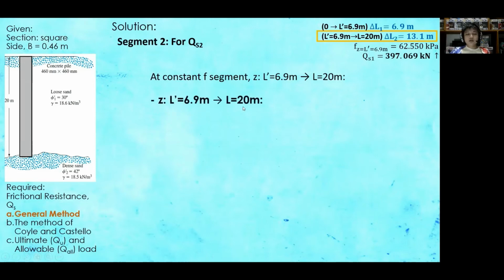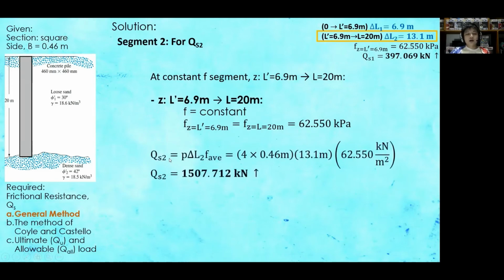For this zone now, again, F is constant with a value of 62.550 kilopascals as presented with our previous slide. So for our segment component QS2, it is equal to the perimeter, which is 4 sides of a square, that is 0.46 meter, multiplied to our segment length, 13.1 meters, then multiplied to the constant F, which is 62.550 kilonewtons per square meter.